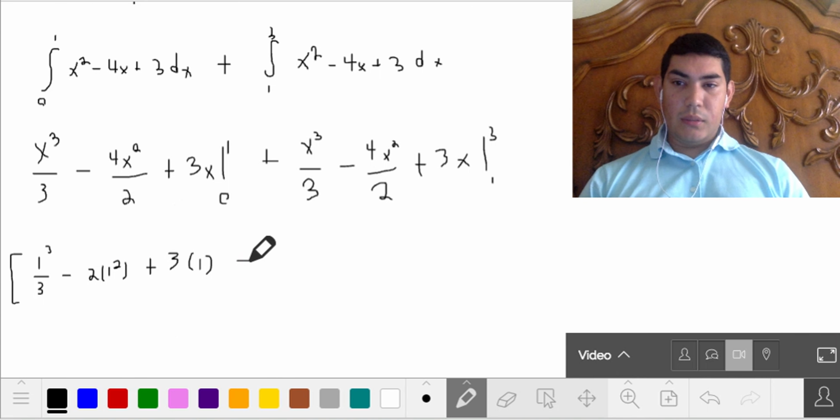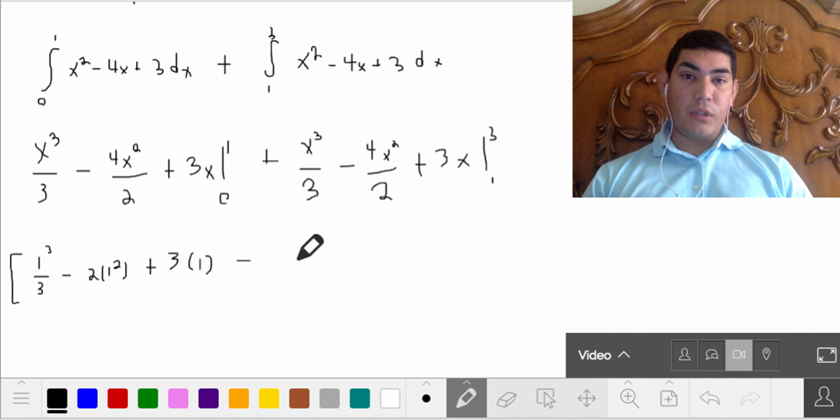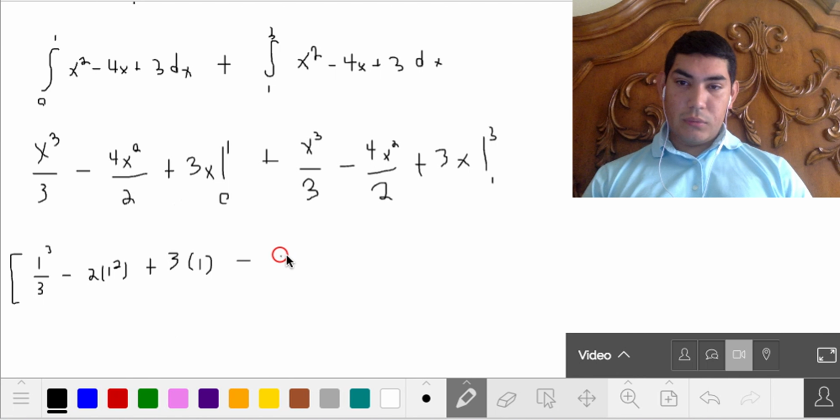Minus, and now for x we're going to use 0. I'm going to write this in parentheses.